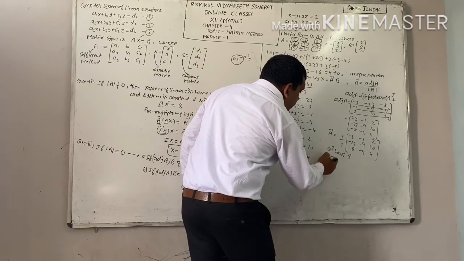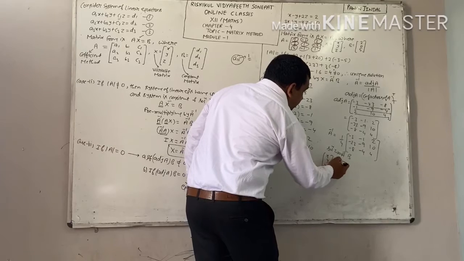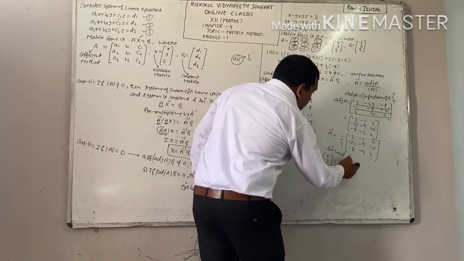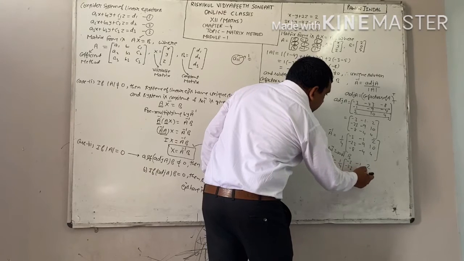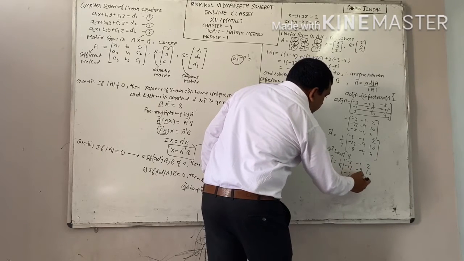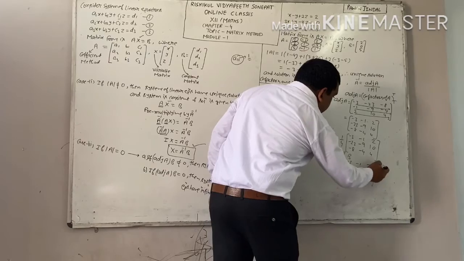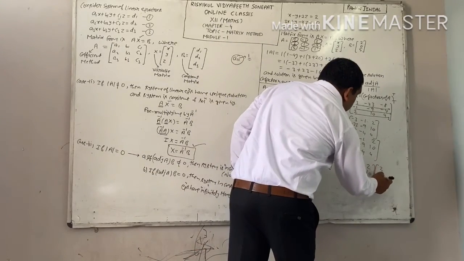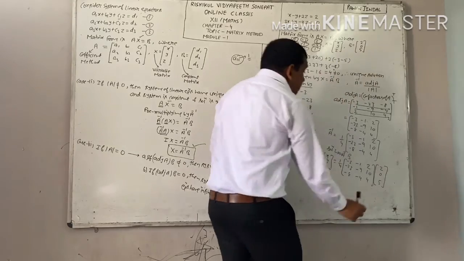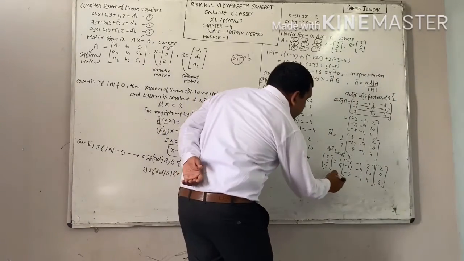X is your x, y, z. A inverse we have already found out, 1 by 4, minus 3, minus 1, 2, minus 23, minus 9, 10, minus 8, minus 4, 4 and B is there 2, 0, 5. Now multiply these two matrices and you will get the required answer. This is your 1 by 4.